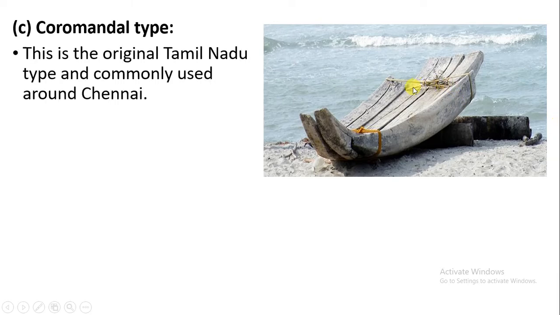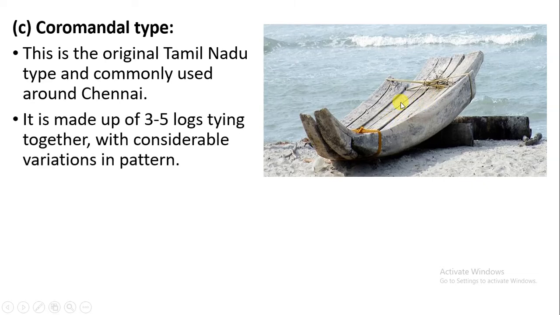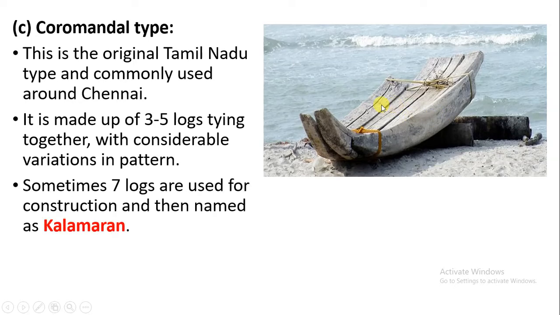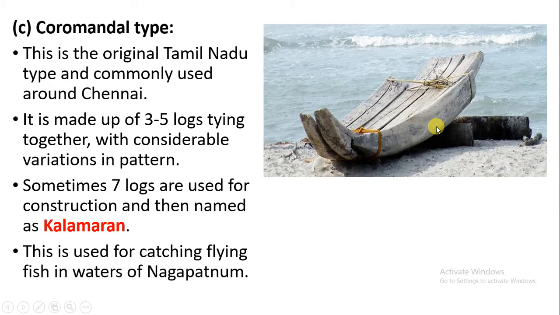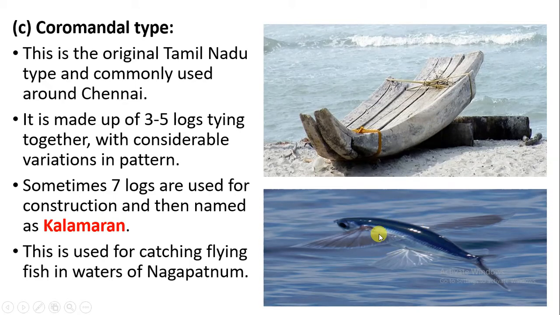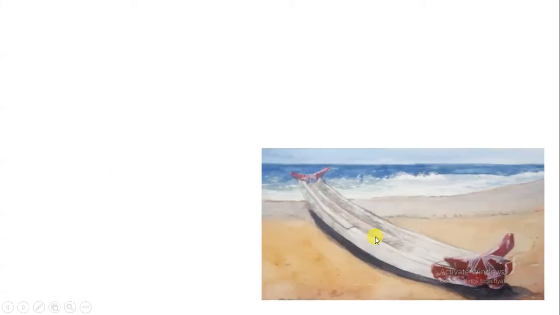This is the original Tamil Nadu type, commonly used around the Chennai area, and is made of about 3 to 5 logs tied together with considerable variations in pattern. Sometimes 7 logs are also used in its construction. Its other name is Kalamaran, and it is also used for catching flying fish in the waters of Nagapattinam.